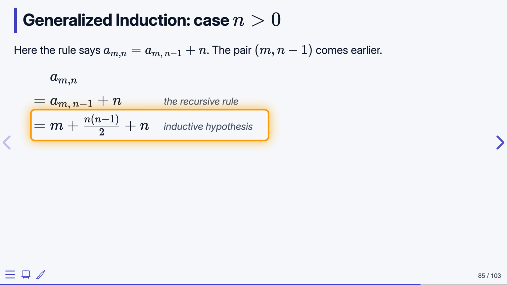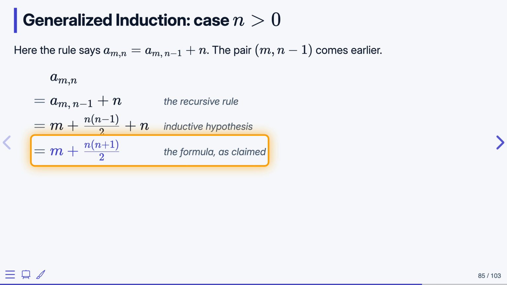We get m plus n times n minus 1 over 2 plus n. Step 3. Put the last two terms over the same bottom. N times n minus 1 plus 2n is n times n plus 1. So we get m plus n times n plus 1 over 2. Both cases give the formula, so it holds for every pair of natural numbers.